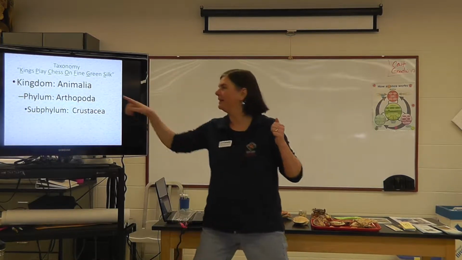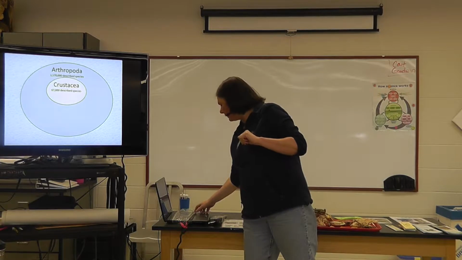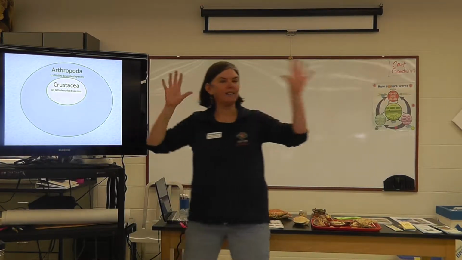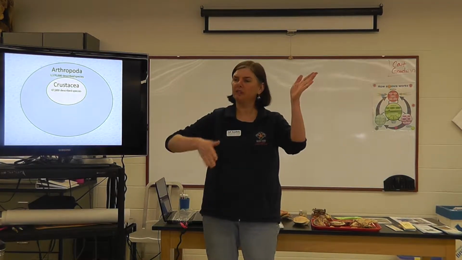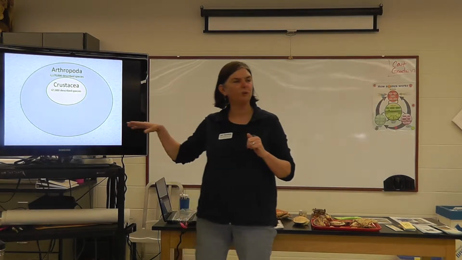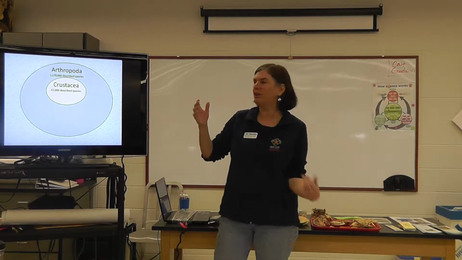That's a huge group, so we're not going to talk about all arthropods. We're going to focus it down and mostly talk about crustaceans, which is a subphylum, in between phylum and class. There are lots of ways to talk about taxonomy, usually a branching tree, but this is a different way of exploring it, especially with students.